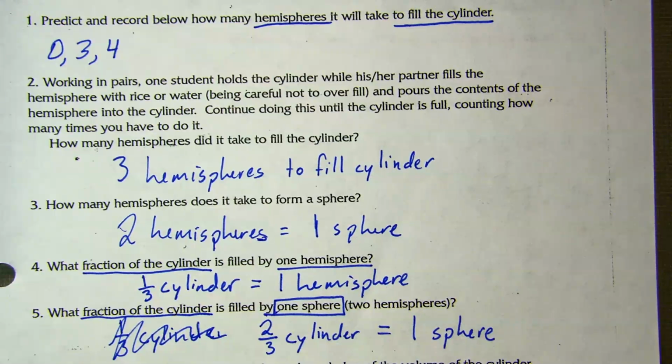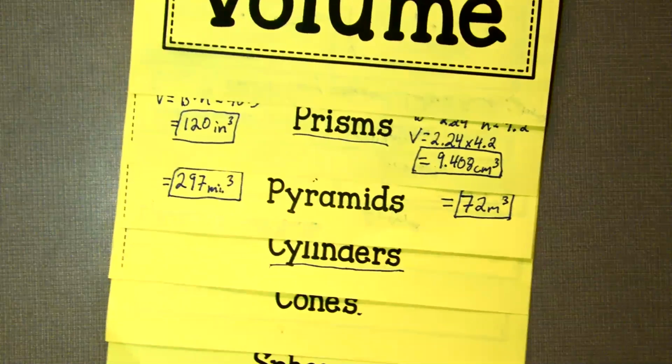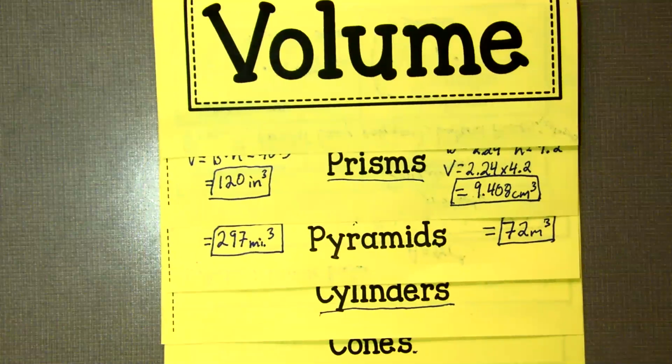So take a picture of this, turn it in, and this will be guaranteed points for the day. After you have turned in your activity, I would get out your volume foldable, and we are going to work to fill out the last slide in it. So I'll give you a couple seconds to do that.